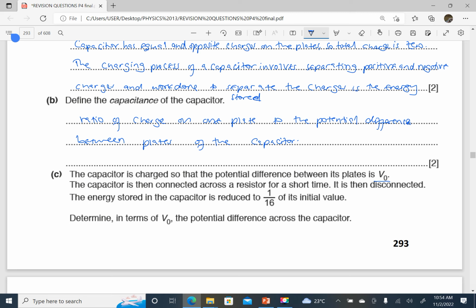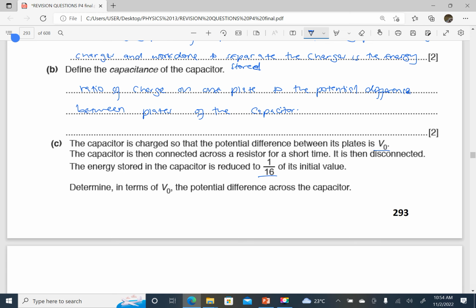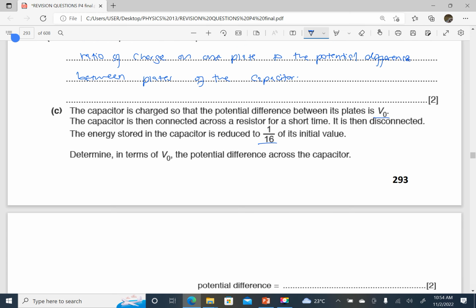The energy stored in the capacitor is reduced to 1/16 of its initial value. Determine, in terms of V0, the potential difference across the capacitor.